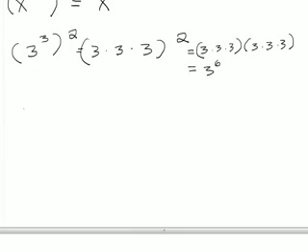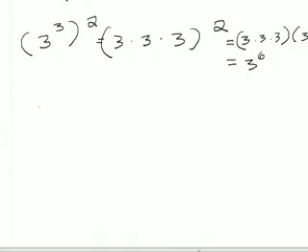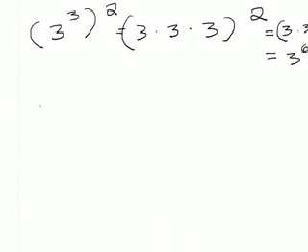Now we could do a letter. I'm going to do a combination of a letter and a number. This is where people will run into problems with these. If I had, for example, 4x squared raised to the 4.